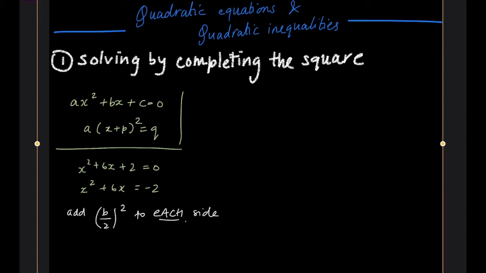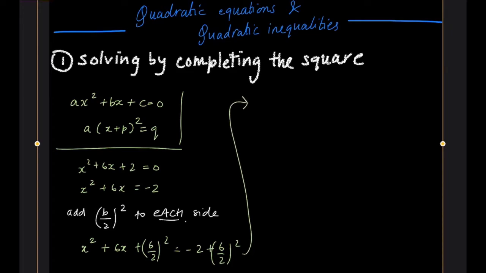So in this case, we'll do x squared plus 6x plus (6 over 2) squared is equal to minus 2 plus (6 over 2) squared. And we'll follow up here. So to rewrite the expression, we'll get x squared plus 2 times 3x plus 3 squared is equal to 9 minus 2.